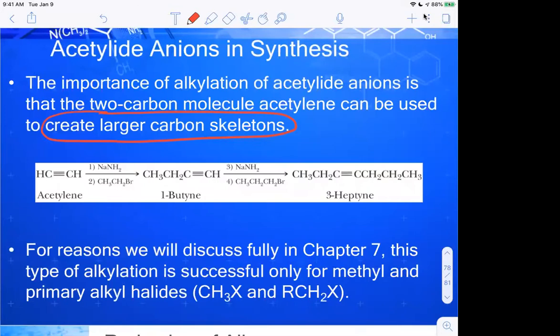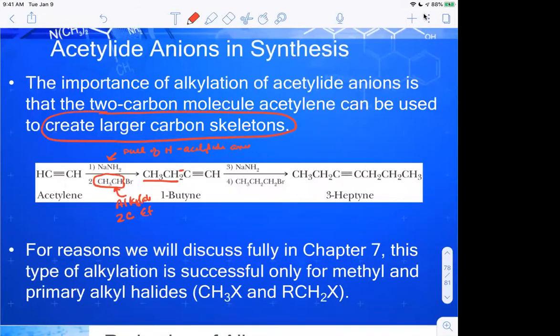So here's a sequence to describe what I'm talking about. This is going to pull off the proton to make the acetylide anion. And then I'm alkylating with a 2-carbon ethyl group, right? So this is the piece that's going to get put on here, and I form this new carbon-carbon bond.